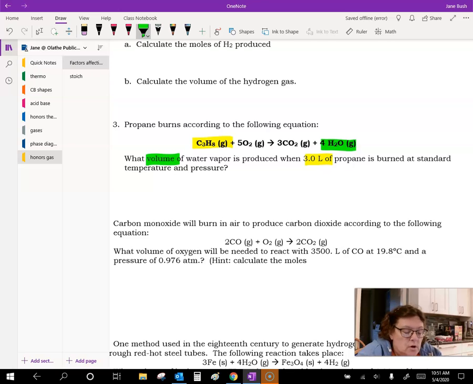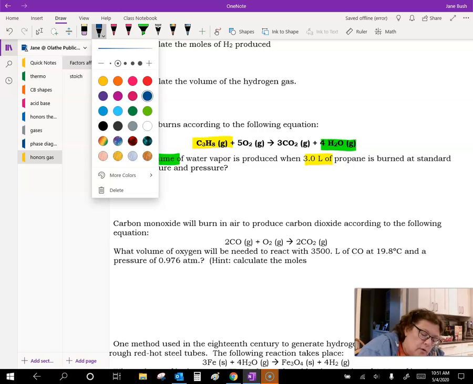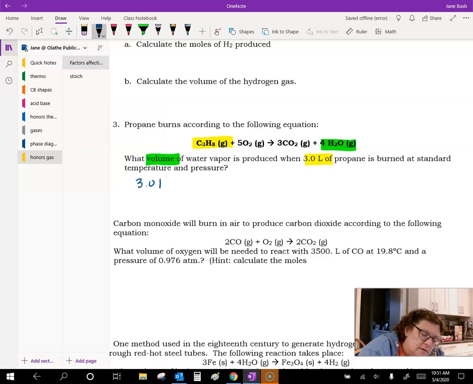Okay? So if we follow this idea, first changing to moles and then going through the mole ratio, we would start out with 3.0 liters of propane. We need to change that to moles, so we divide by 22.4 liters in 1 mole.